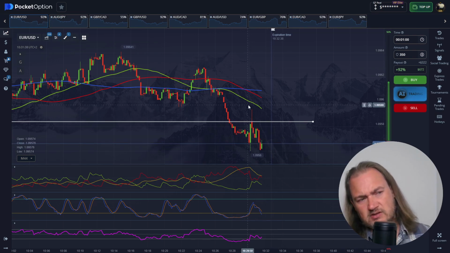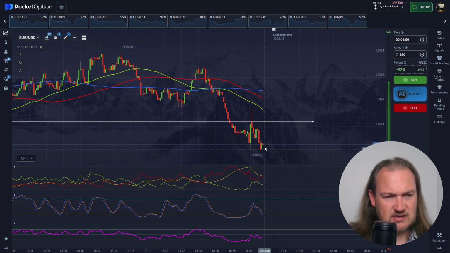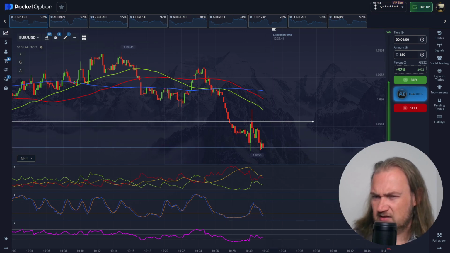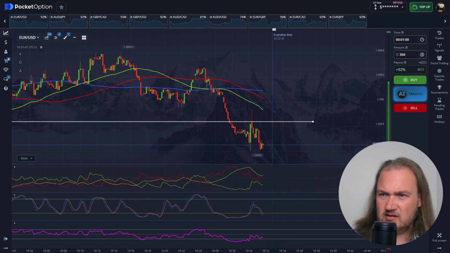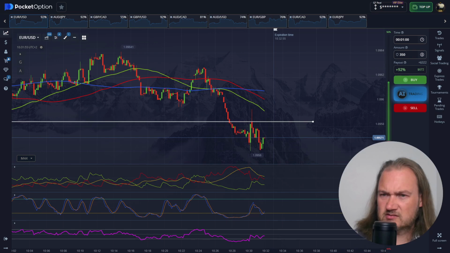I don't like trading when taking 1 minute trades when we've got big sudden candles like this. It's 10:30. I think we might have had data out now. No, we did not.